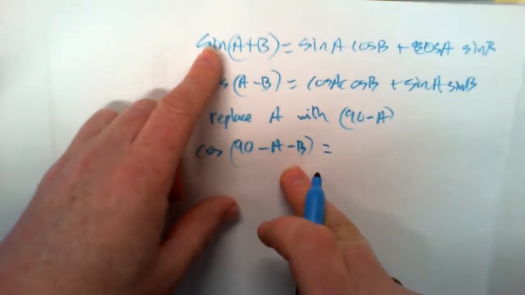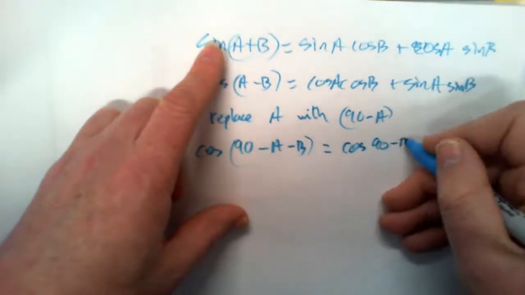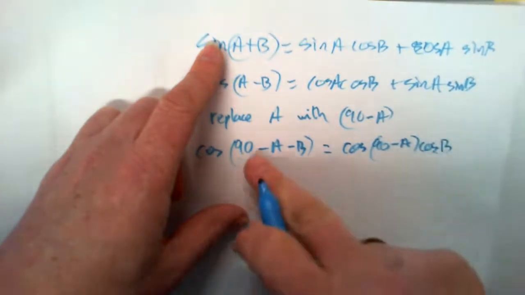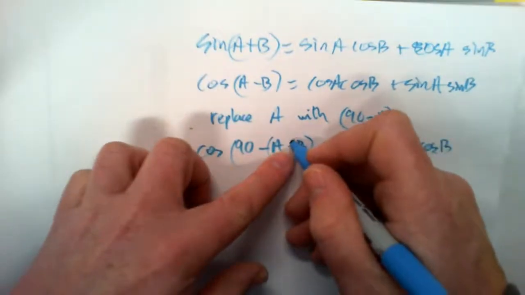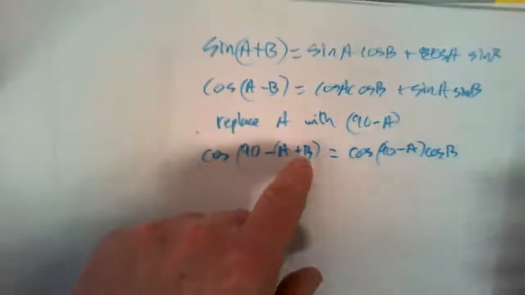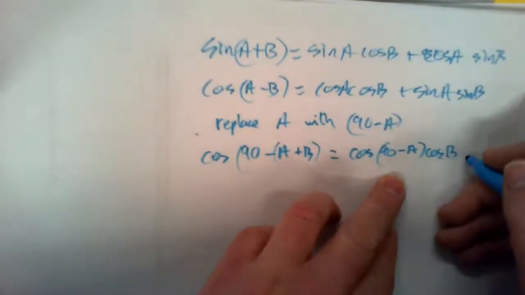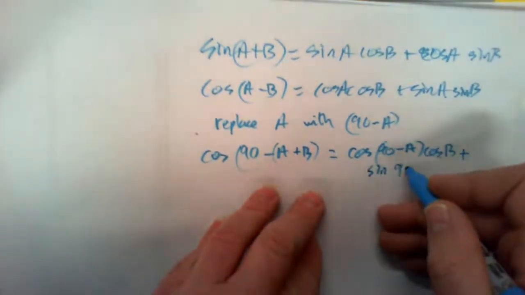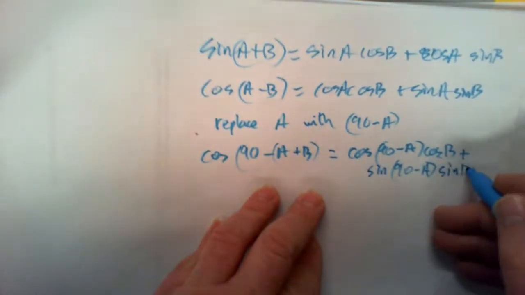That's going to be equal to the cos of 90 minus A by the cos of B. Sorry, that's going to be a plus because it's minus. That minus makes that one a plus. By the cos of B plus, sorry, I'm running out of space here, the sine of 90 minus A by the sine of B.